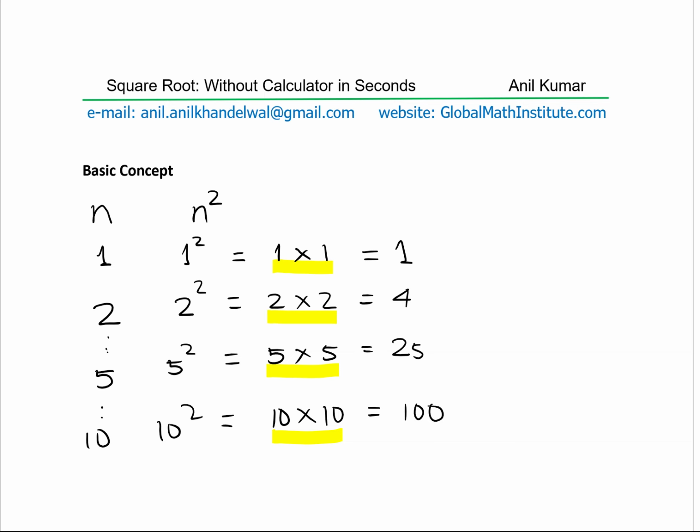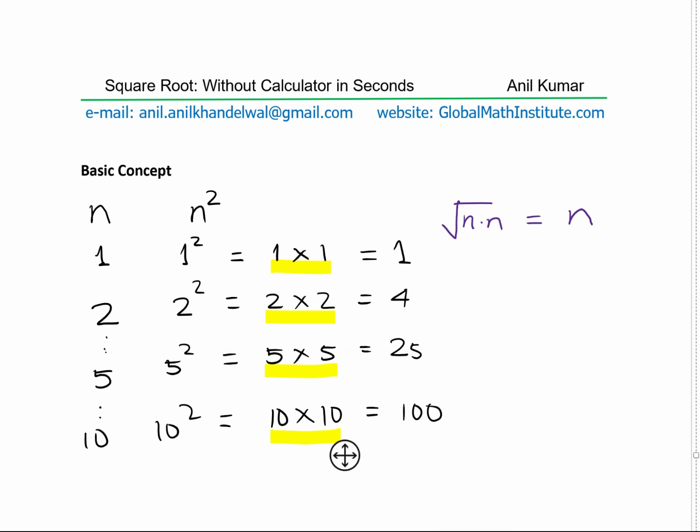Now, how do you get the square root? The square root is written like this. If within the square root I have the same numbers, for example n times n, then the square root of the number is n. To find a square, we are doing n times n. Do you see that difference? That gives you the relation. So the square root of 1 is 1.